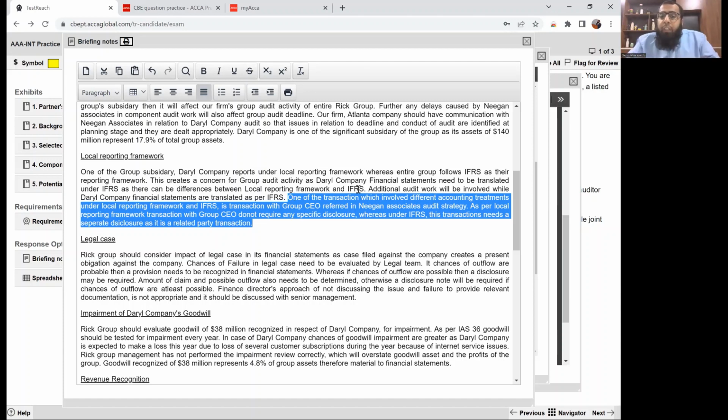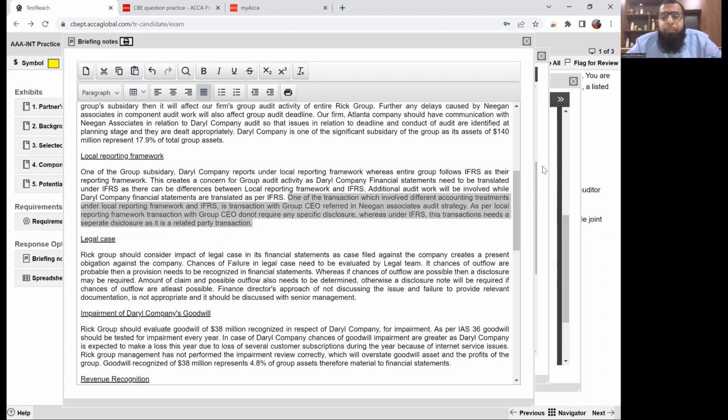Okay, so one of the transactions which involve different accounting treatment under the local reporting framework and IFRS is the transaction with the group CEO referred in Negan Associates' audit strategy. As per the local reporting framework, it does not require any specific disclosure, whereas under IFRS, this transaction needs a separate disclosure as it's a related party transaction.